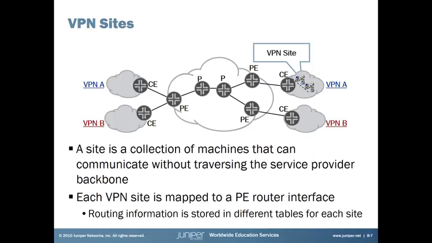A customer could, for example, have an IPsec VPN from one of their sites out to some other smaller sites, and because none of that traffic traverses the service provider's VPN, as far as the service provider is concerned that would all be just one site, even though there might be some IPsec VPNs involved in a single customer site.